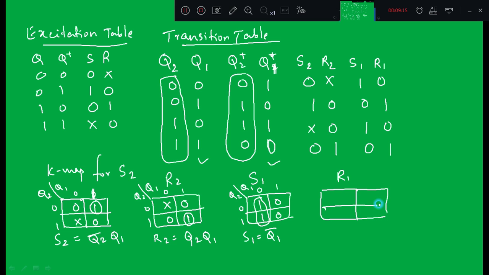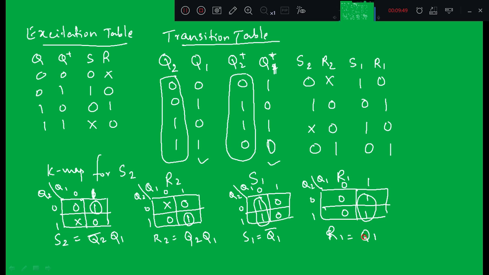For R1, inputs are again Q2 and Q1, and fill out those cells 0 1 0 1. Group them. R1 is equal to Q1. So these are the expressions: S2 is Q2 bar Q1, R2 is Q2 Q1, S1 is Q1 bar, and R1 is Q1.